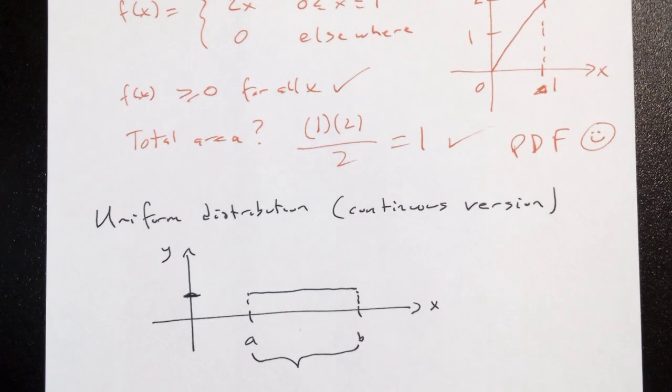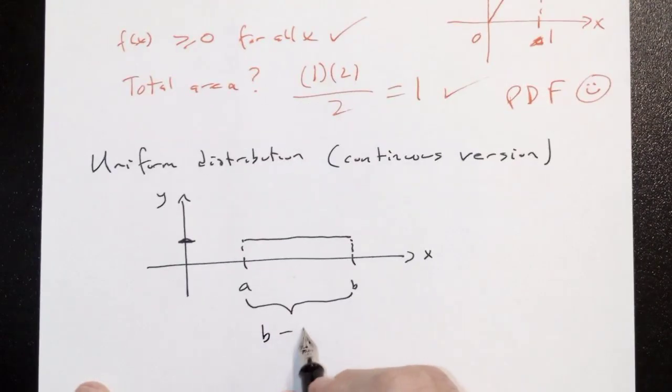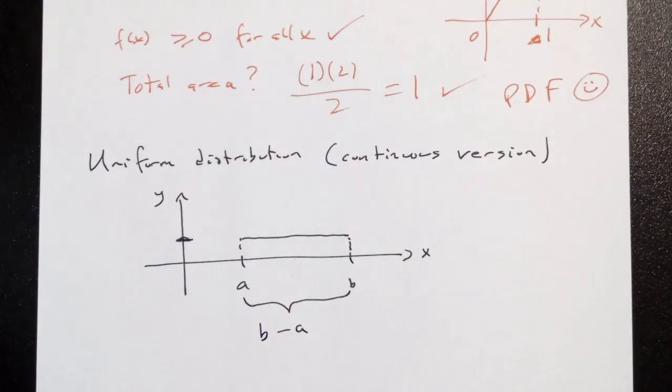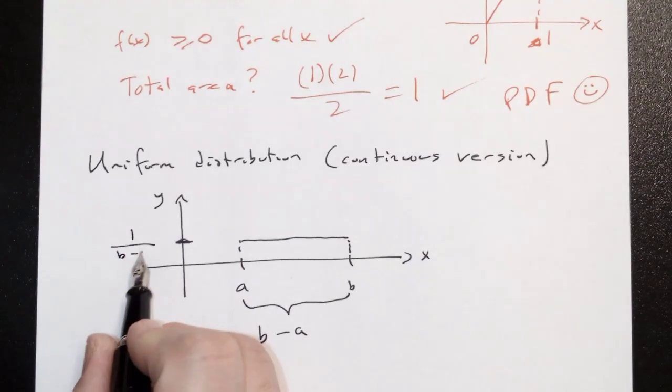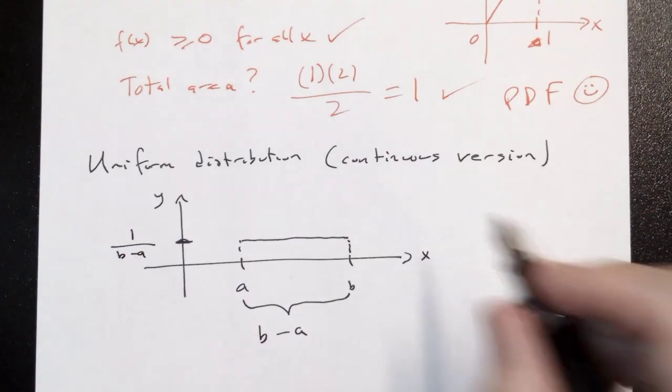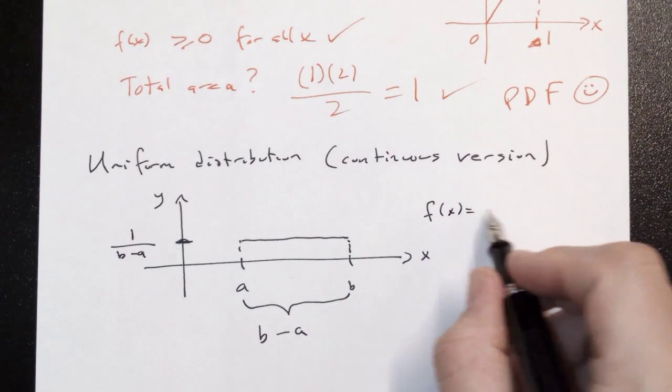That's exactly right. And if I want the total area to be 1, then this number times the height should be 1. And that means that the height should be 1 over that number. Well, now I can actually write the function itself.